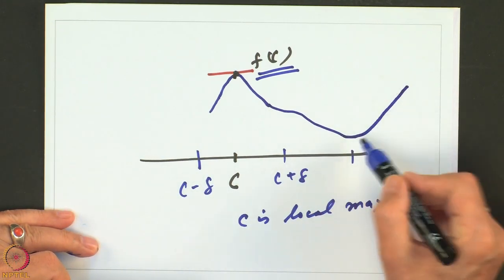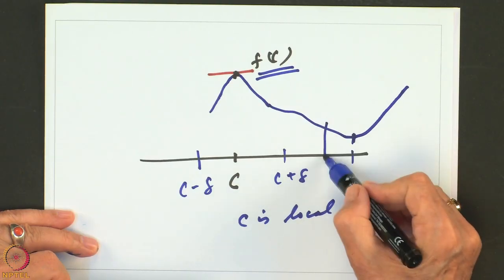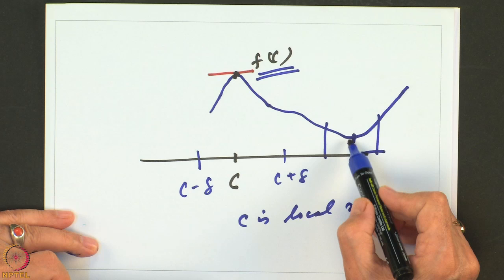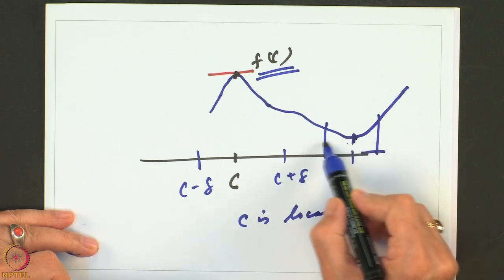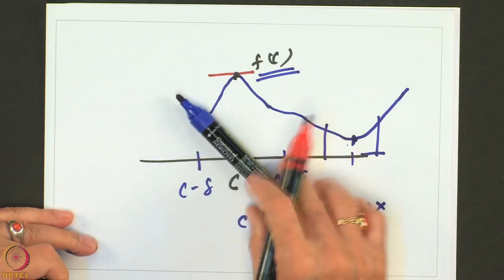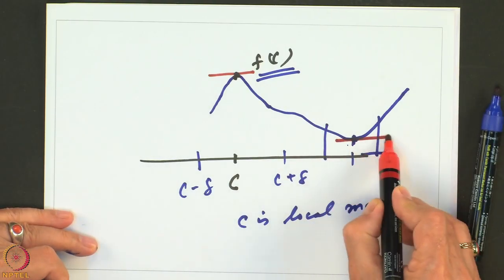The graph goes like this, and in a neighborhood of that point the function is continuous. It is defined at all points, and the derivative exists at that point, which again implies that the tangent is horizontal.